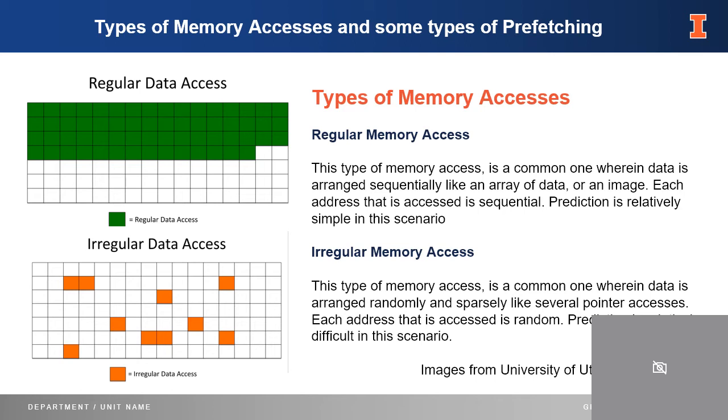This is also a common type of memory access, but in this case, the data is arranged randomly and sparsely, like several pointer accesses. So in this case, each address that is accessed is random, and prediction is relatively difficult, as you can see in the image, where we have two addresses that are accessed, and the next one is some arbitrary amount of memory accesses later, and the next one is again an arbitrary amount of memory accesses later.